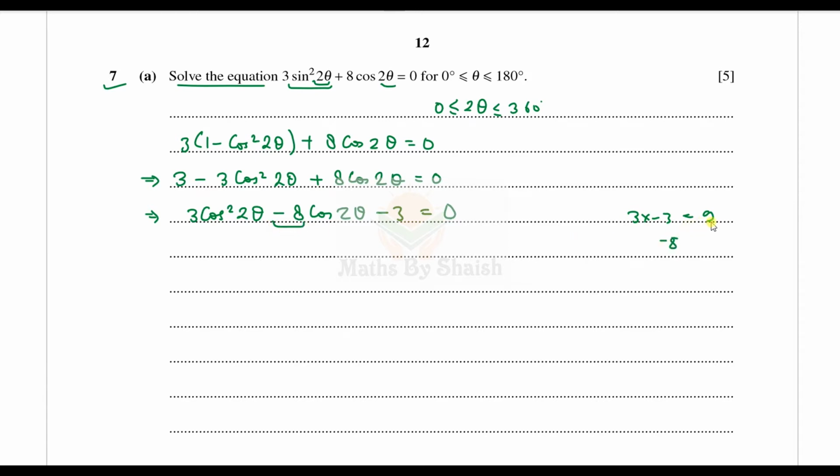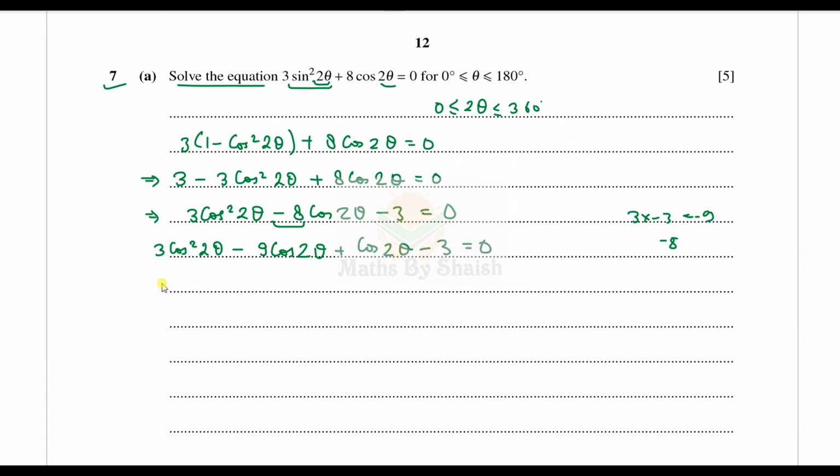So we require two numbers which when we multiply, we get 9, and when we subtract we get 8, and we know that it is going to be 9 and 1, and since it is a quadratic in cos 2 theta, it would be 3 cos square 2 theta minus 9 cos 2 theta plus cos 2 theta minus 3 is equal to 0.